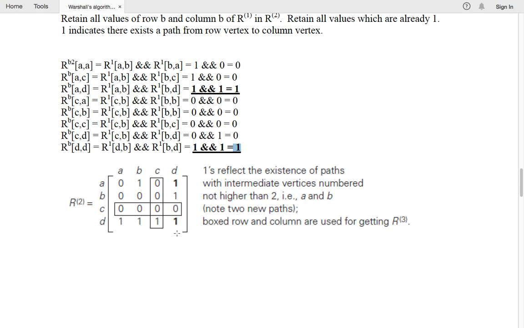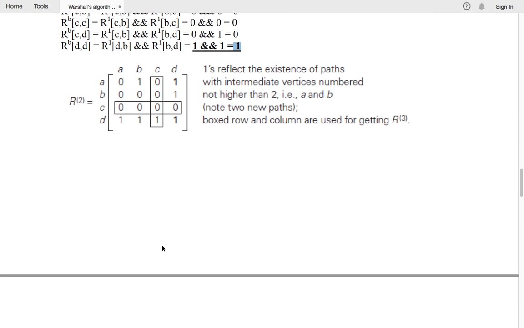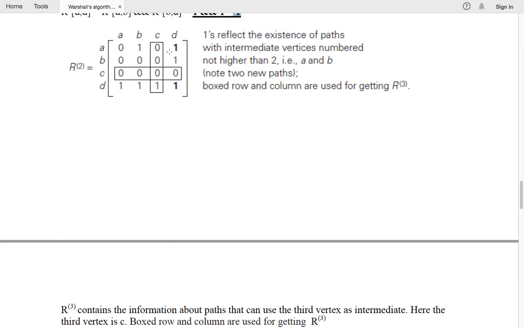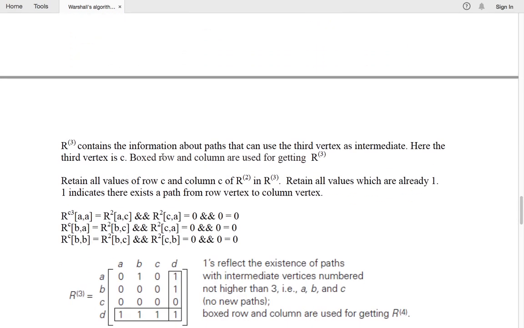Now for R3, I'll consider vertex C. So again I'll repeat the process. So retain all the values of C row and C column as it is. Then whatever ones, just retain them as it is. So I need to compute this AA, BA, BB, only 3 values. So again I'll apply the formula. C is nothing but 3.